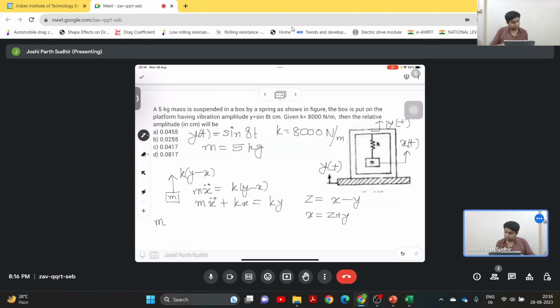So therefore x double dot can be written as z double dot plus y double dot. So therefore I can write it as m into (z double dot plus y double dot) plus k into (z plus y) is equal to ky.